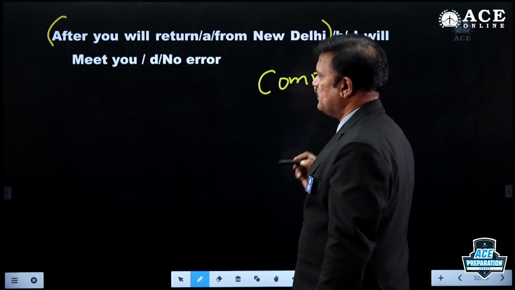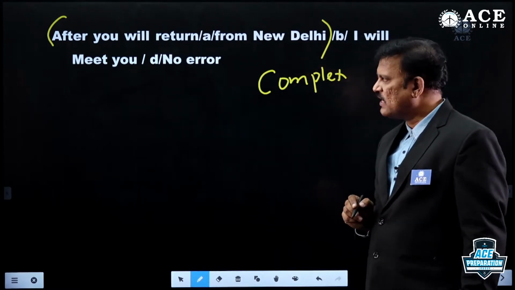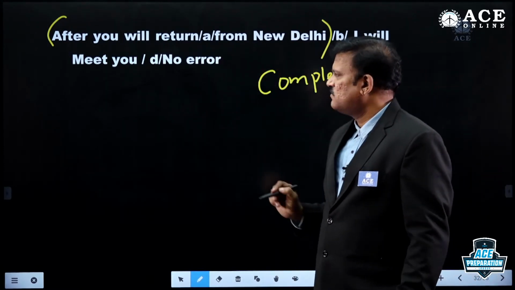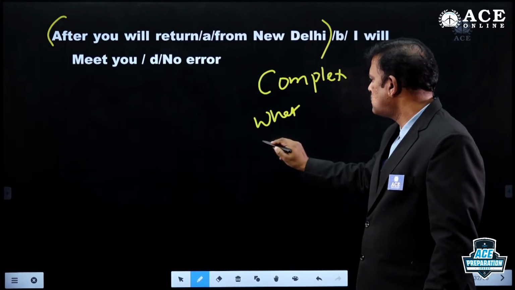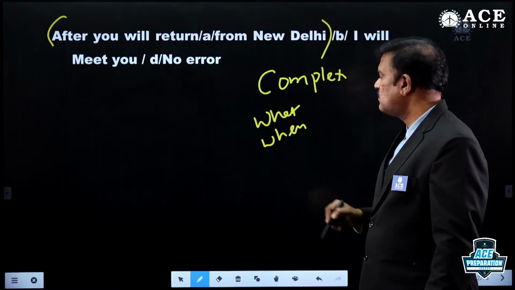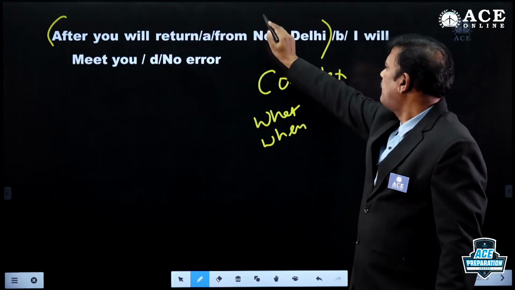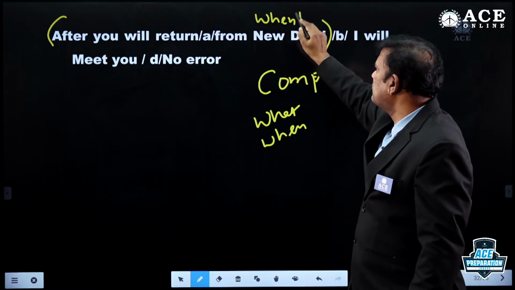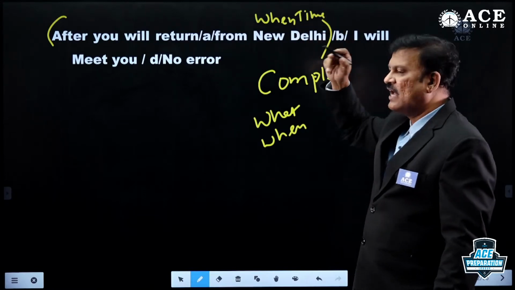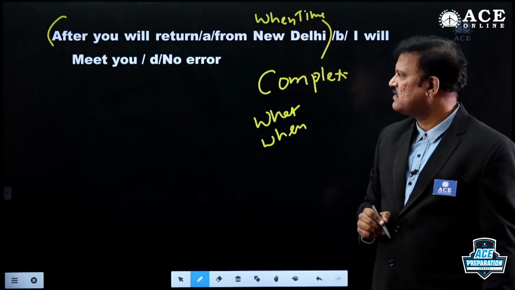And I will meet you. You tell me this part, which is a secondary idea, is giving answer for what or when. This is giving me when. It means time. Then I have to check the tense of that.